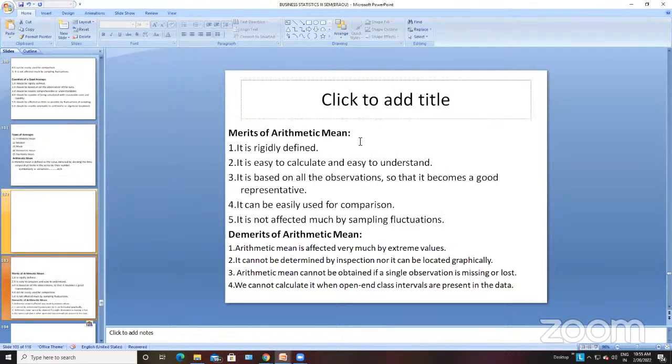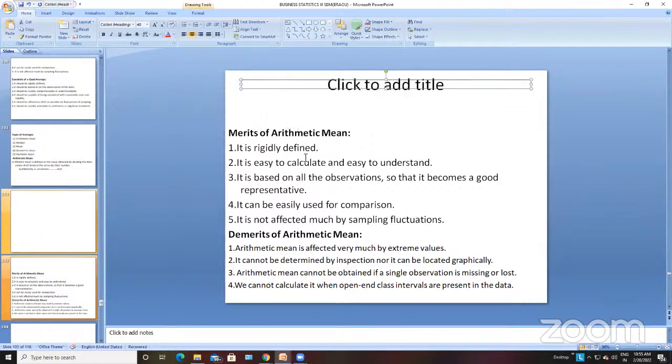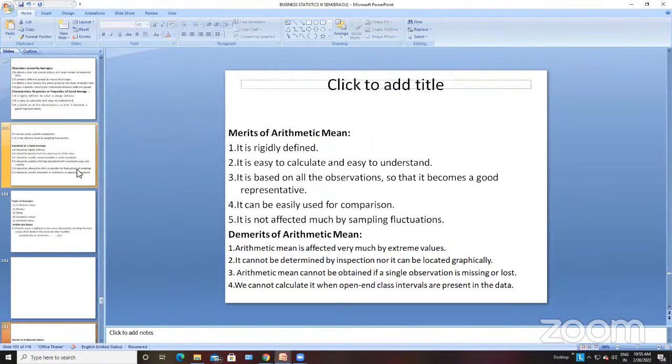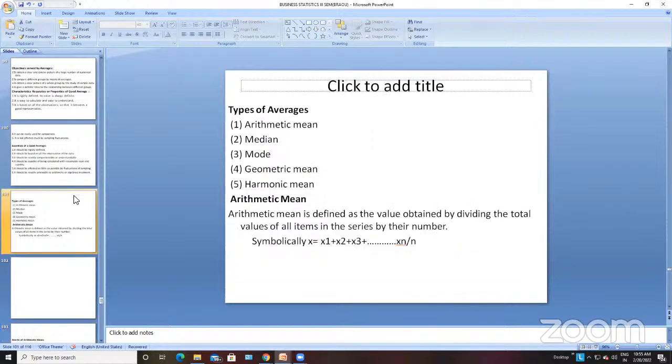So in this, what are the merits of the arithmetic mean? Means it is very easy, it is rigidly defined, and it is easy. Types of averages. Yes, ma'am.